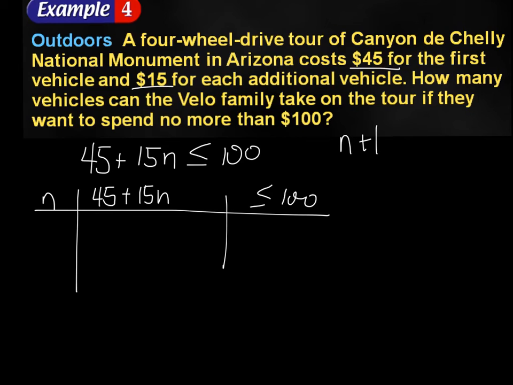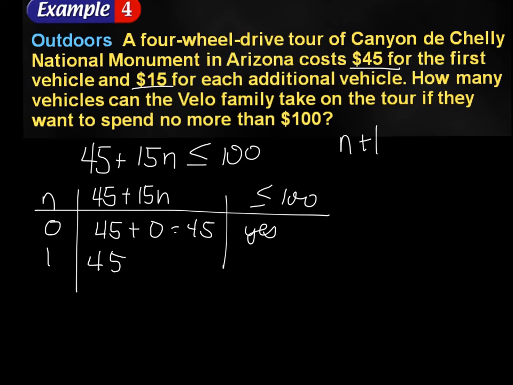They could just take one vehicle in, so then n would be 0 because we're adding no additional vehicles. So 45 plus 15 times 0 is 45. Is 45 less than 100? Yes. They could do one additional vehicle.